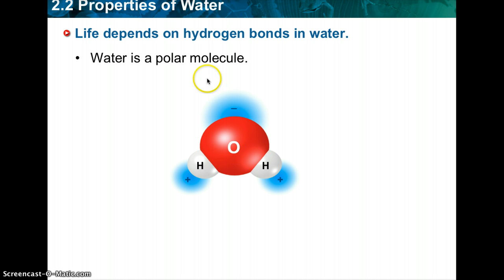So as you can see, the positive and the negative. Non-polar molecules do not have charged regions. And then the hydrogen bonds form between hydrogen atoms and any type of slightly negative atom. So right between the positive, so the hydrogen's positive, this is a hydrogen bond because it's a hydrogen bonding to a slightly negative atom.